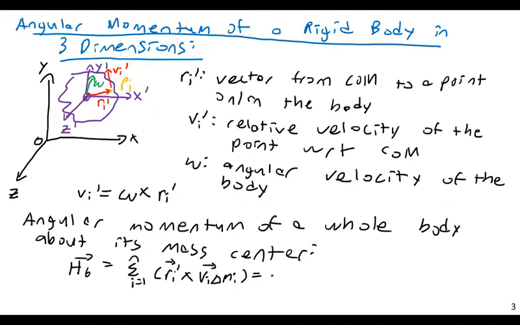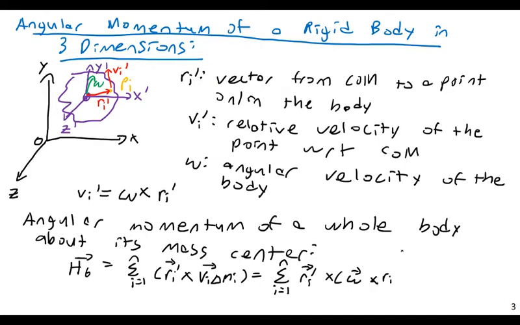And this will be equal to the summation from i equals 1 to n of ri prime, the ri prime vector crossed into omega crossed ri prime, if I just break up this vi prime.